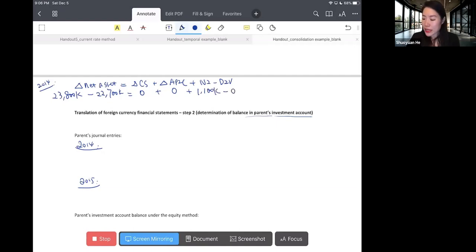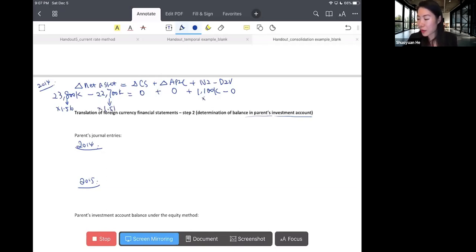For the ending net asset, we need to apply the current rate at the end of the year 2014, which is 1.56. For the beginning net asset for the year 2014, we need to apply the beginning exchange rate, which is 1.51.